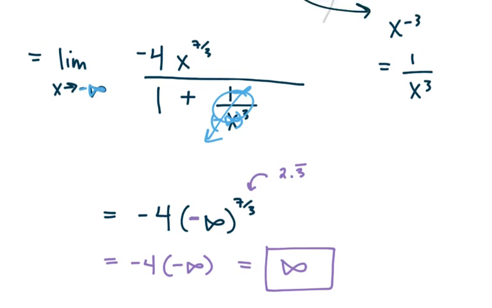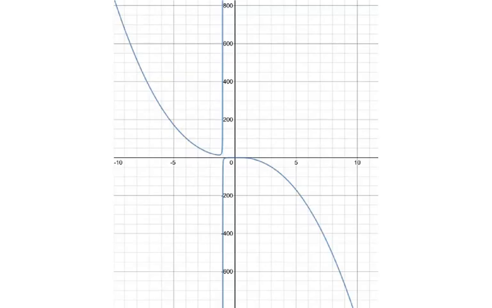And if I plug that function into my y equals, we end up with a graph that looks like this after a little bit of careful zooming. So this represents the graph of my function, and we want to find the limit of that function as x approaches negative infinity.